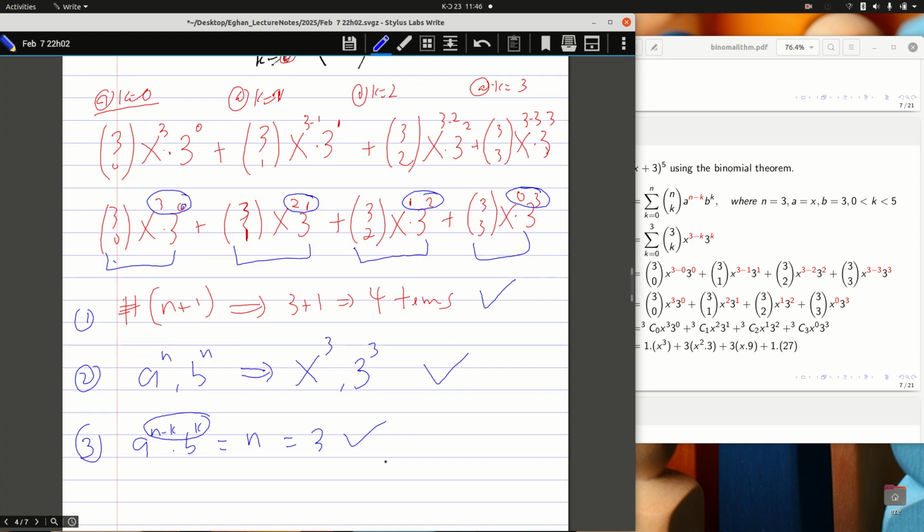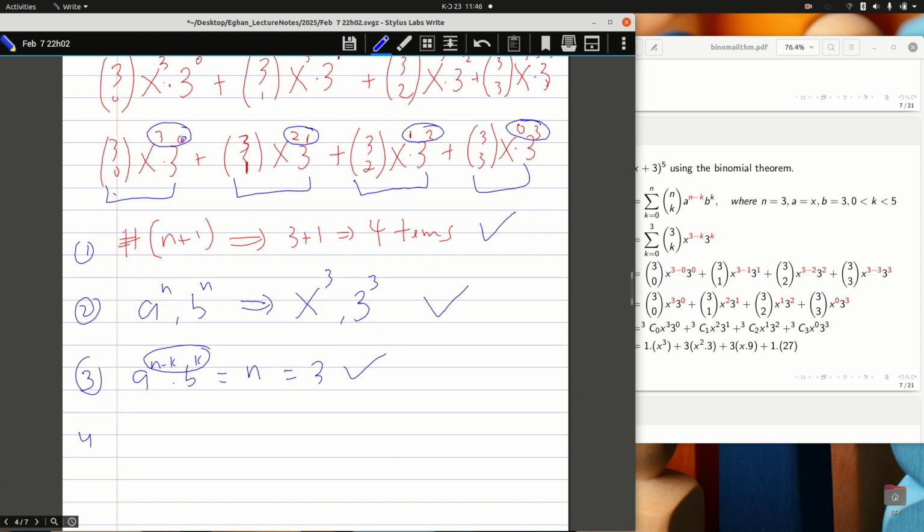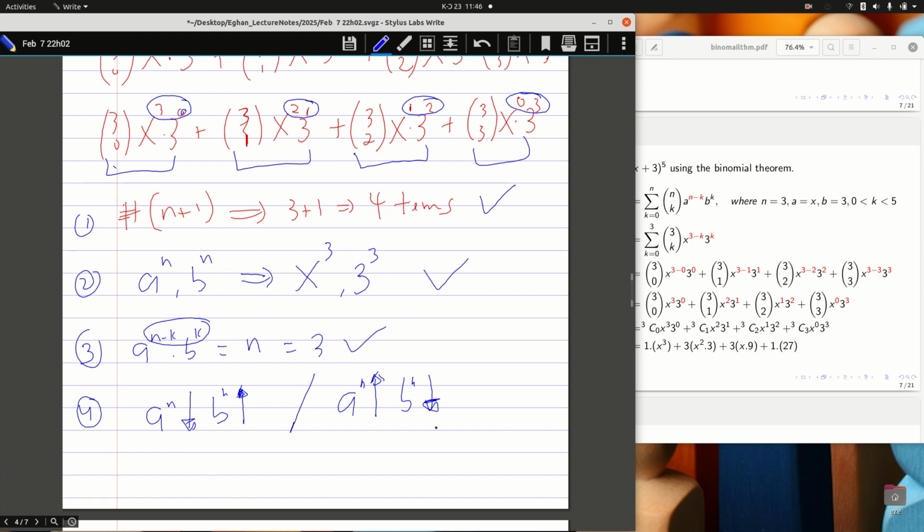Then the fourth property I want to verify is that as the index of A increases or decreases, the index of B must increase. Or as the index of A increases, the index of B must decrease. Let's verify from the answer. What do you see for x to the power n?